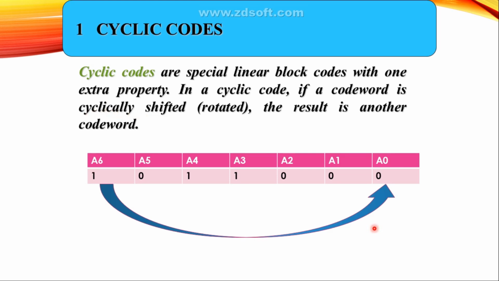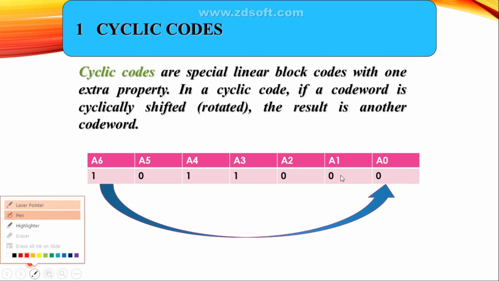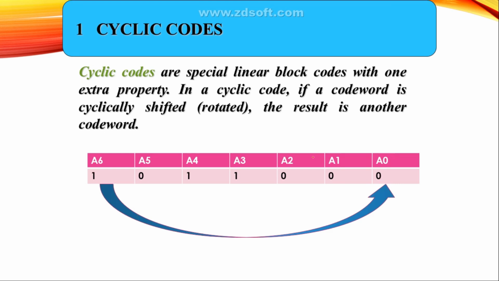Let's suppose we take this 7-bit data A0, A1, A2, A3, A4, A5 and A6. We have the data 0, 0, 0, 1, 1, 0, 1. According to this property, we have to move the value of A6 to A0. It means we are going to rotate it.